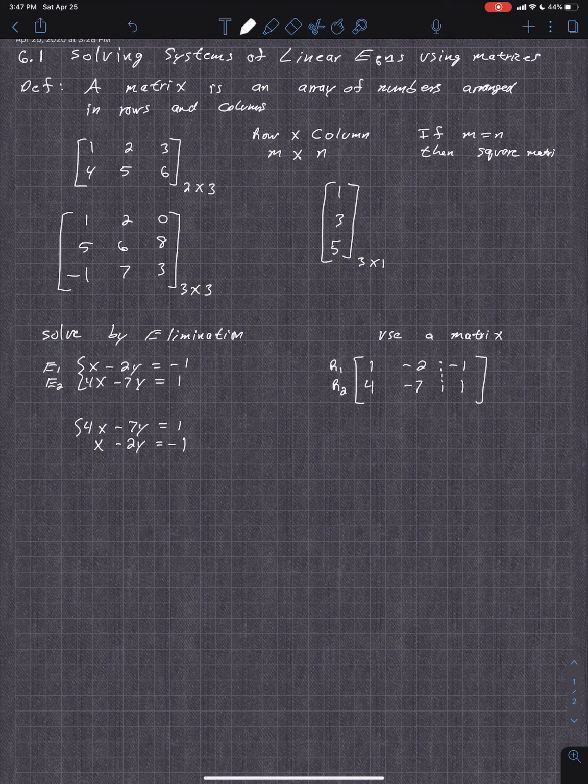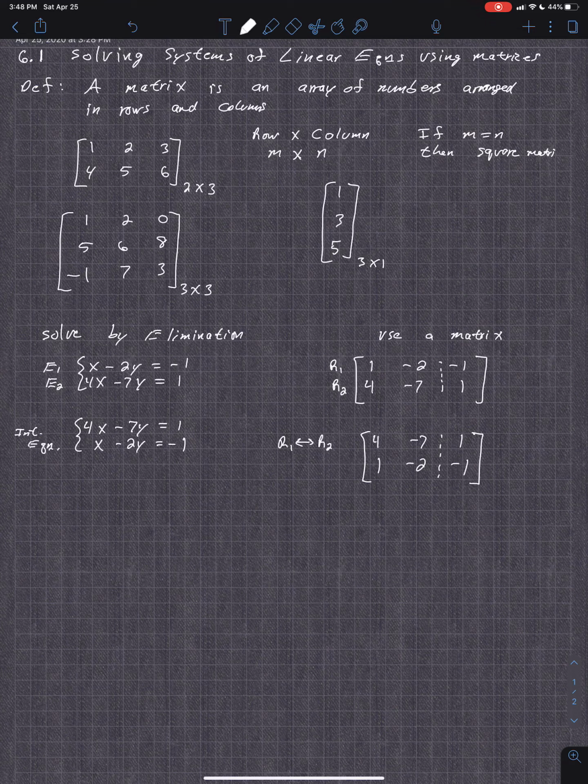So that's just interchanging equations. So over here, what we would say is we're going to swap row 1 and row 2. So we'll do it like that. So it'll be 4, -7, 1, 1, -2, -1. All right, so you have that.